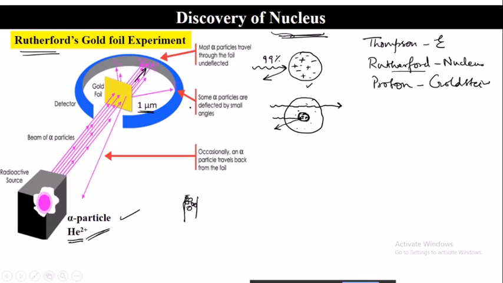With this, he was able to predict that this model is correct and the other model is not correct. That is how he discovered the nucleus. Because in the earlier model, there is no nucleus, no? So this is how the nucleus was discovered by Rutherford. Okay, so this is clear.